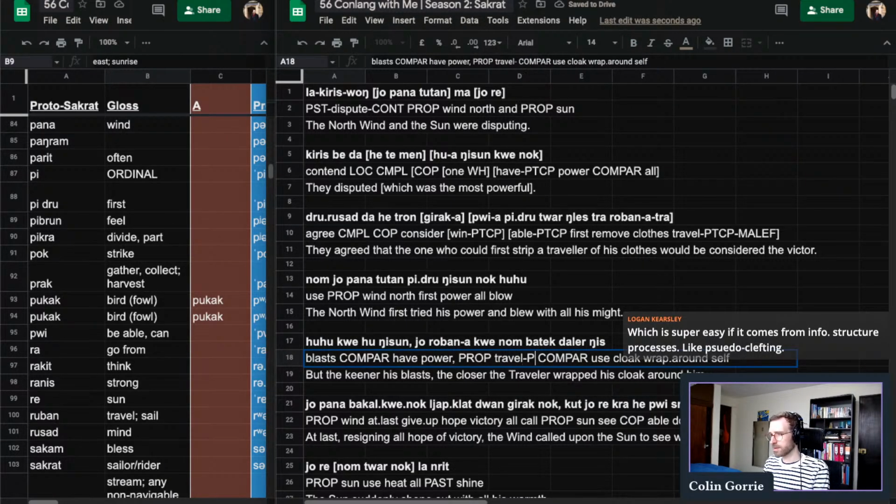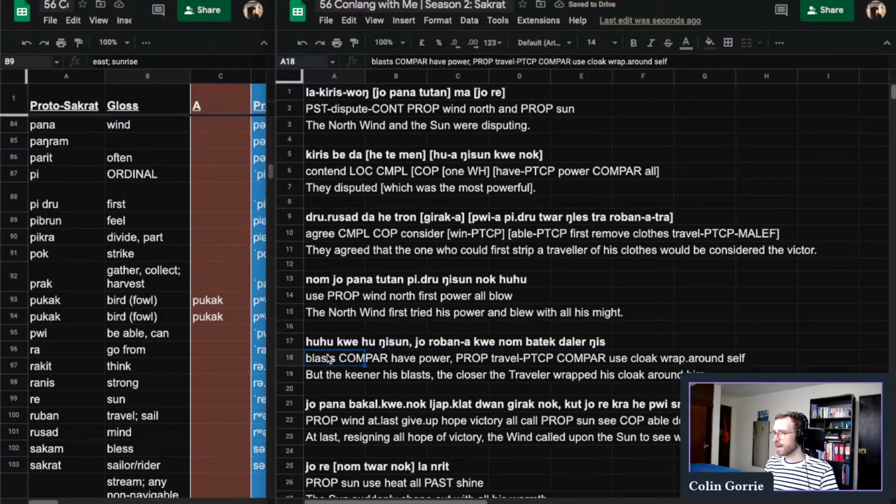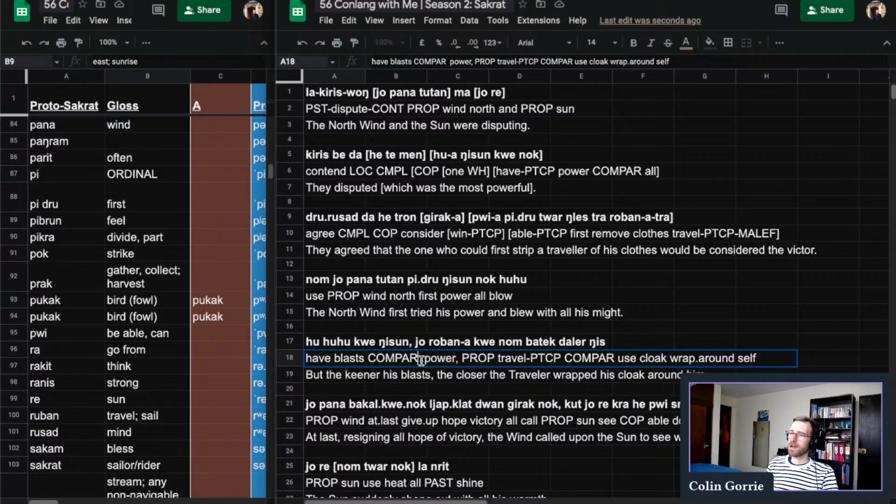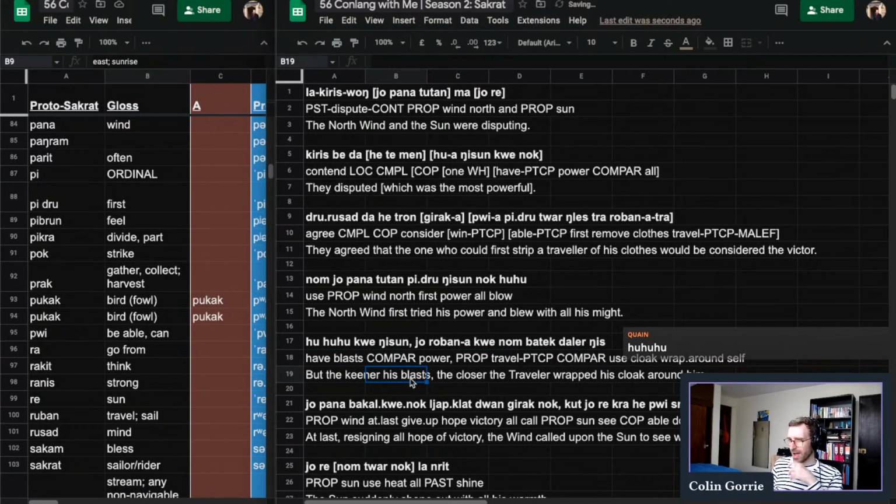So travel participle. And we need to put this verb up at the start. So have, who kwengisun, have blasts, and then we have this comparative particle, power.